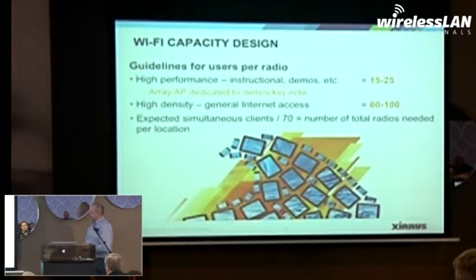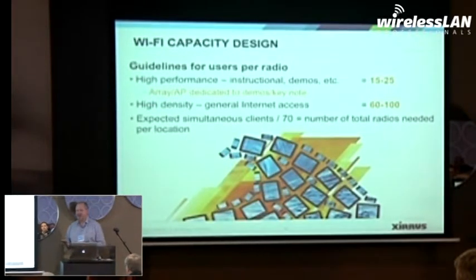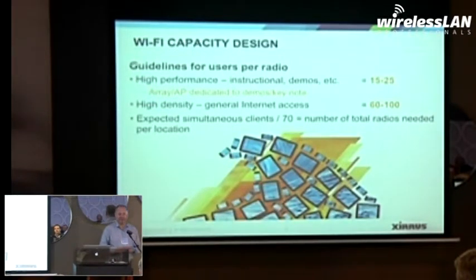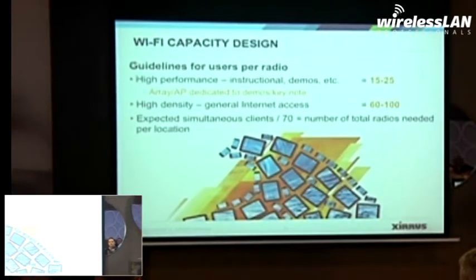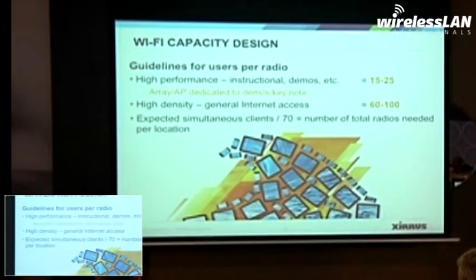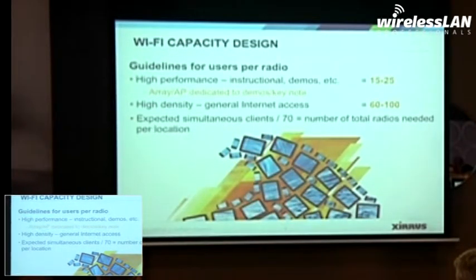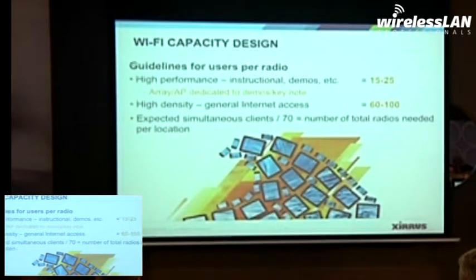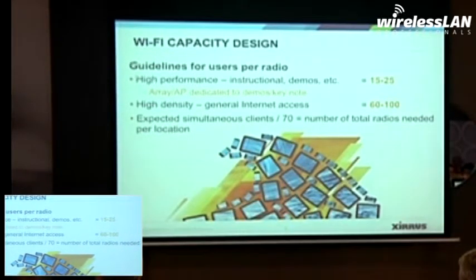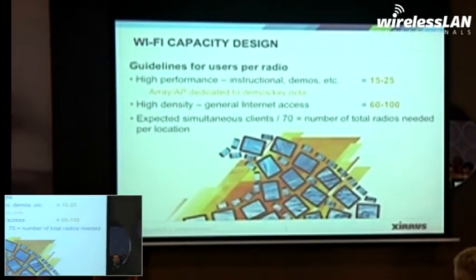For demos and for speakers, you want to dedicate some radios for high performance or high throughput. And for the free Wi-Fi at an event, I take 60 to 200 users per radio. But most of the time I take 70, so total number of users divided by 70 is the number of radios you require.